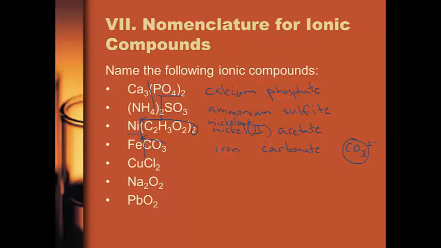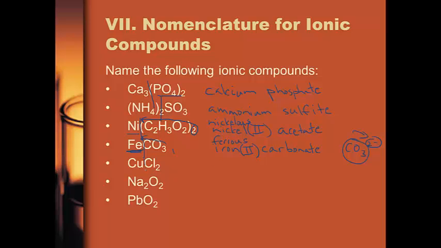So the subscript for this is actually 1, but there is no iron 1. It's either 2 plus or 3 plus. Carbonate is 2 minus, and there's only 1 iron. So the charge of the iron must be the same as the carbonate, but the opposite charge. So this must be iron(II) or ferrous. So you have to know your charges.